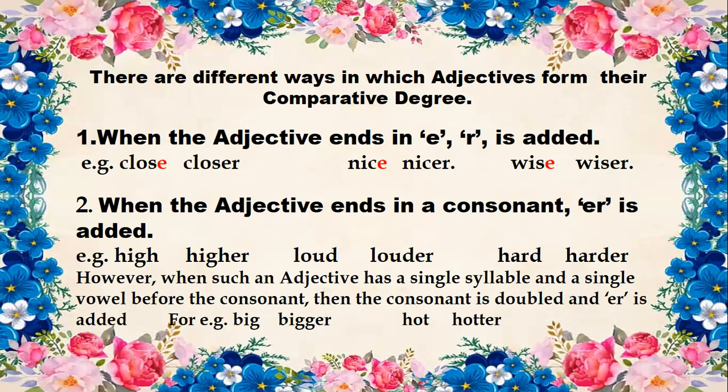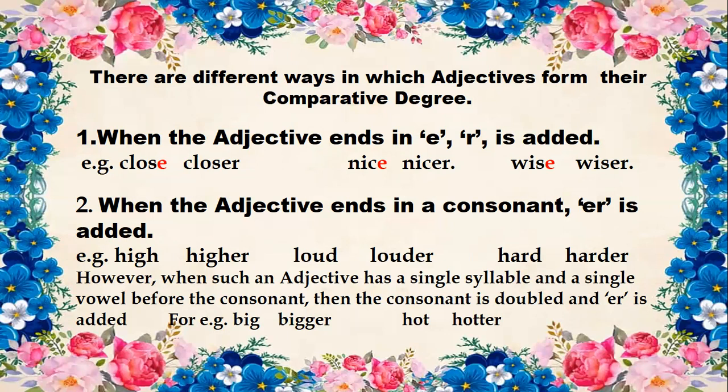However, when such an adjective has a single syllable and a single vowel before the consonant, then the consonant is doubled and ER is added. For example, big, BIG. So the ending word is a consonant, but just before that there is a vowel. So this G will be doubled.